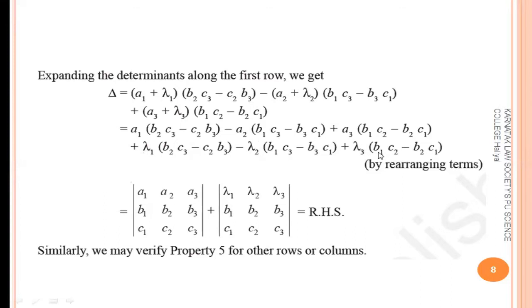This should be equal to the determinant. If you expand the determinant, you will get the same value. So A1, A2, A3, B1, B2, B3, C1, C2, C3 plus lambda 1, lambda 2, lambda 3, B1, B2, B3, C1, C2, C3 is equal to the RHS. So if the determinant is given as a sum of two terms, then it can be expressed as the sum of two determinants.